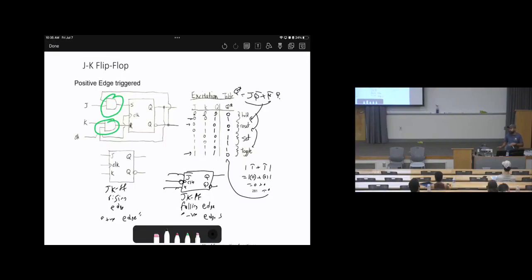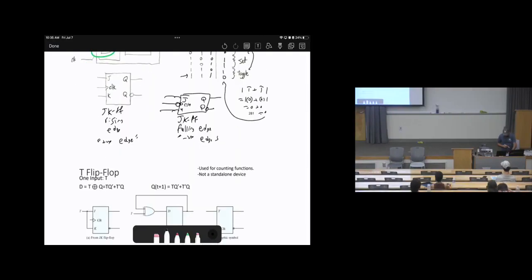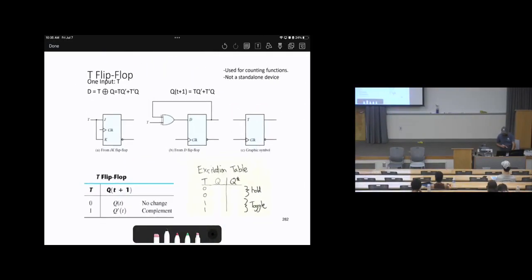It will be another version, and this is called the T flip-flop. The T flip-flop is a modified version of the JK by making J equal K equal T. So we replace J and K by a symbol called T.